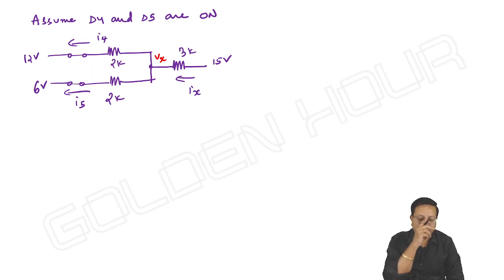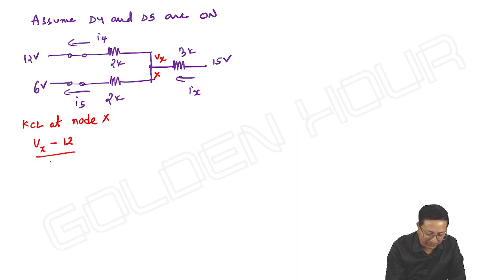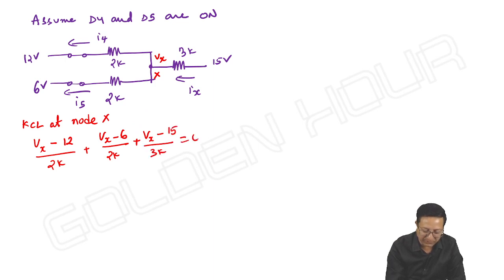So how to find Vx? Let me take the node equation. KCL at node X. Vx minus 12 by 2k plus Vx minus 6 by 2k plus Vx minus 15 by 3k is equal to 0.